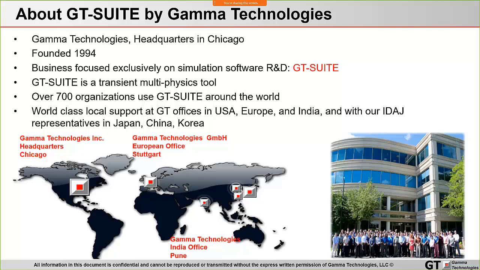And this gives us great local support to speak in the same language and work in the same time zone as our customers. And we also have a great relationship with our representatives at IDAJ, who support our customers in Japan, China, Korea, and Asia.